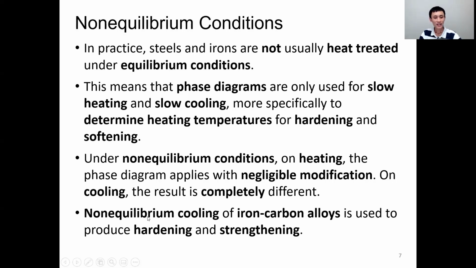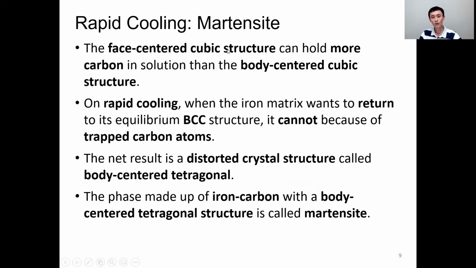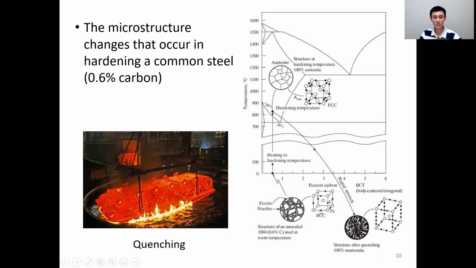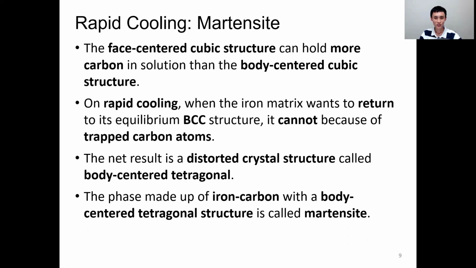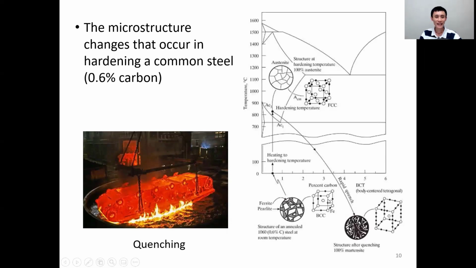And we use non-equilibrium cooling to harden or strengthen the material. So in order to form martensite, we have to apply rapid cooling. So from the austenite region, which is face-centered cubic, when we suddenly drop the steel into cold media, the matrix wants to return back to the equilibrium body-centered structure, but it can't.